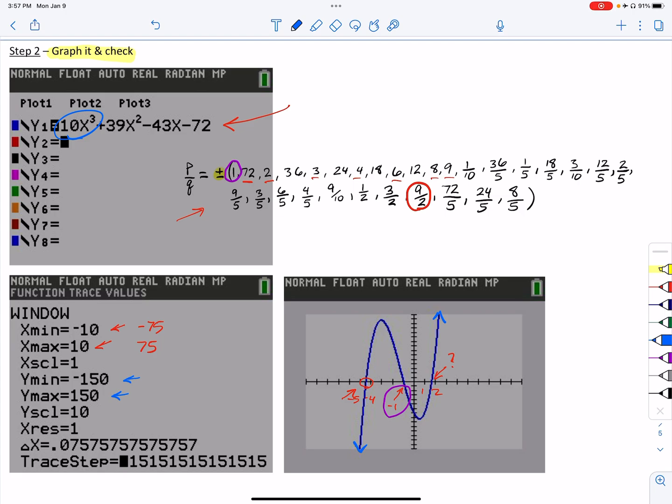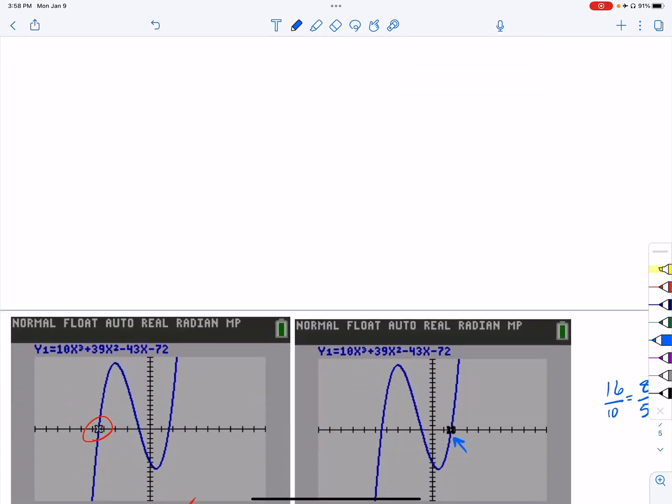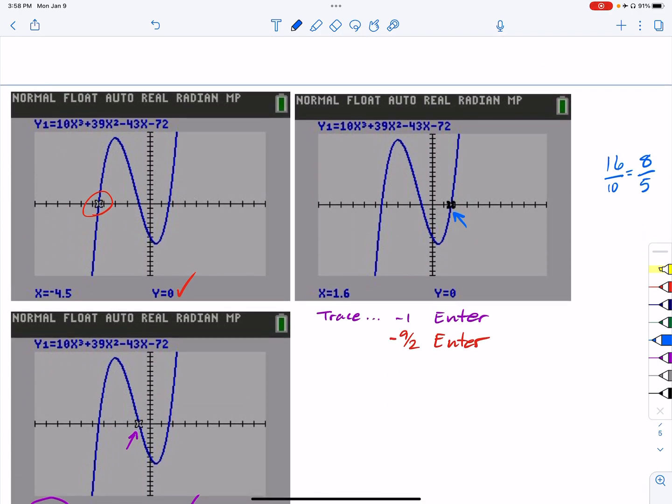Between 1 and 2, I would have 9/5, 8/5, 3/2, and 6/5. So really there's 4 positive values that would land on that possibility. And sure enough, when you trace to 8/5 and hit enter, your calculator will confirm a 0 there as well.